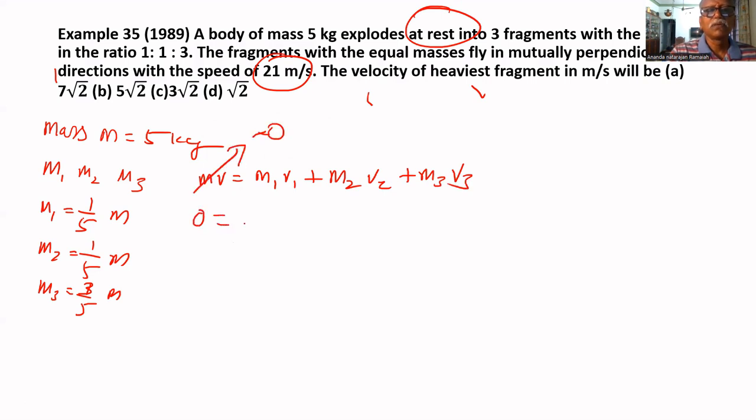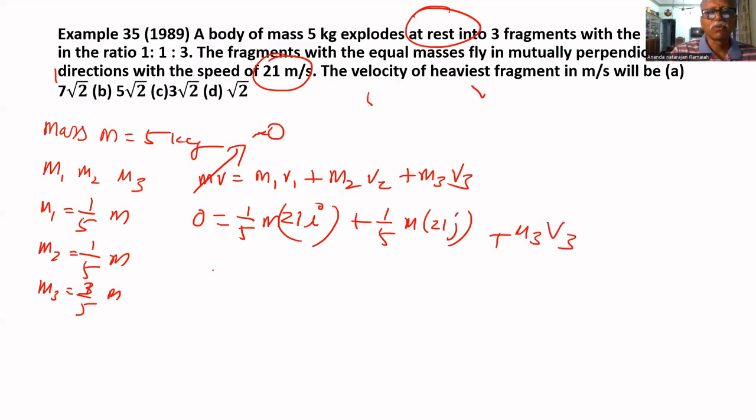Therefore, 0 equal to m1 is 1 by 5 m, v1 is 21 meter per second along I direction, mutually perpendicular. Another m2 is 1 by 5 m, 21j, plus m3 v3. Therefore, m3 v3, m3 is 3 by 5 m.